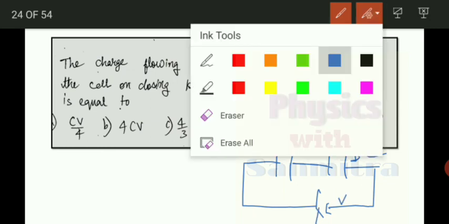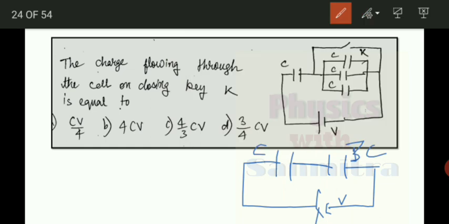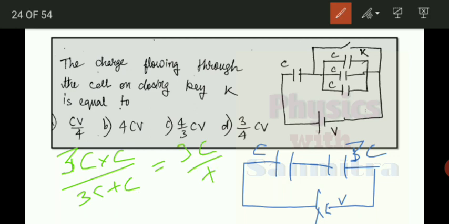Now what is the equivalent capacitance? 3C and C are in series, so I can write 3C into C by 3C plus C. The equivalent capacitance is 3C by 4, and the charge is 3C by 4 into V, that is 3CV by 4. Charge on each capacitor is 3CV by 4.